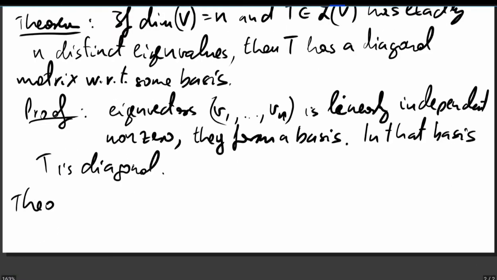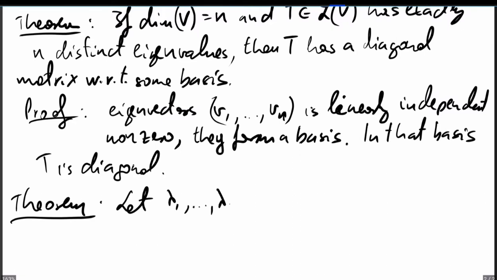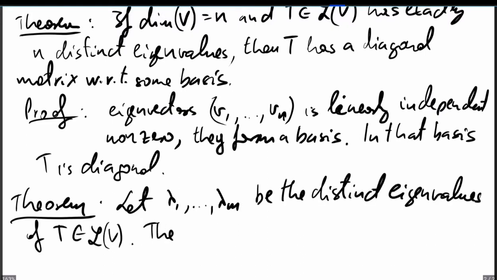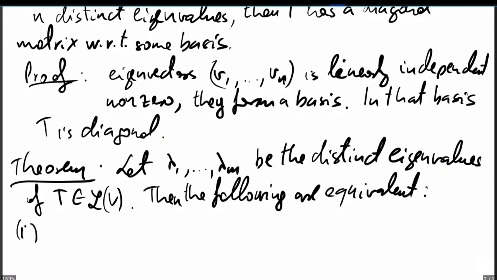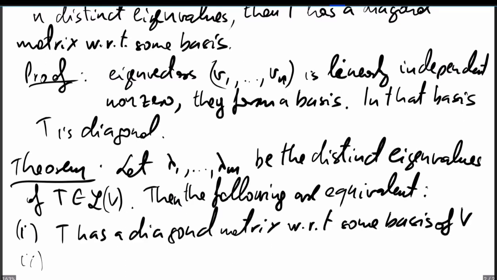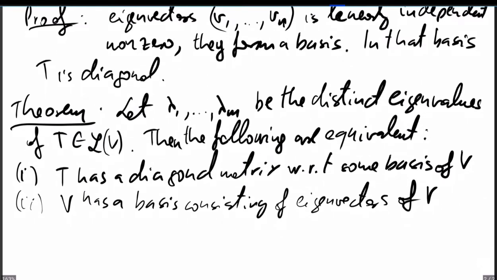Let me state the following theorem. Let lambda 1, ..., lambda m denote the distinct eigenvalues of T, a linear operator on V. Then we have the following equivalent statements. The first one, that T has a diagonal matrix with respect to some basis of V. The second one, equivalent to this first one, is that V has a basis consisting of eigenvectors of T. We already know that if T is diagonal in that basis, then the basis elements are the eigenvectors.